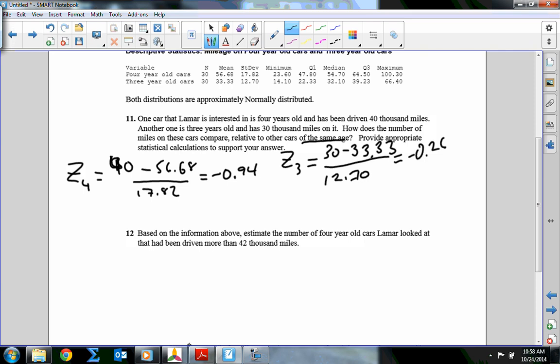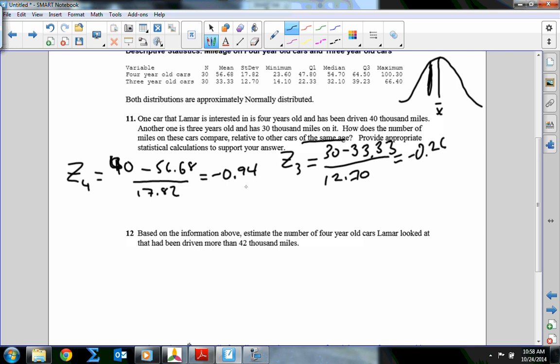So now we have to think about it logically. We have this normal distribution, and here is the average number of miles driven by either car, because we've normalized it so we can compare them. The 3-year-old car is at negative 0.26 standard deviations, which is about right here. So it's less miles than the mean is for other 3-year-old cars.